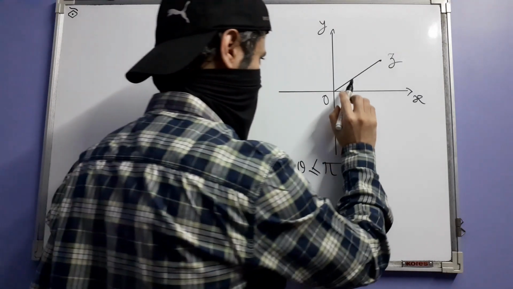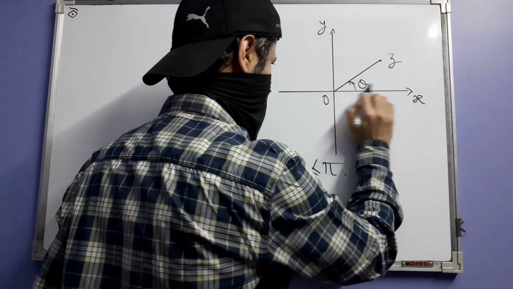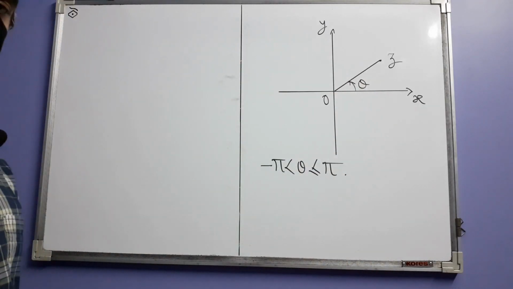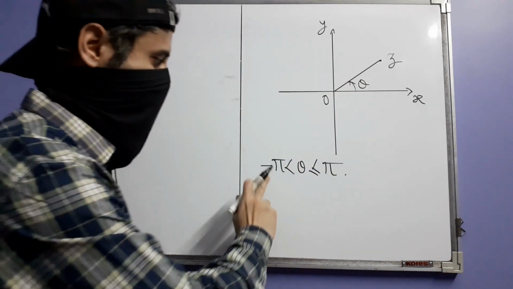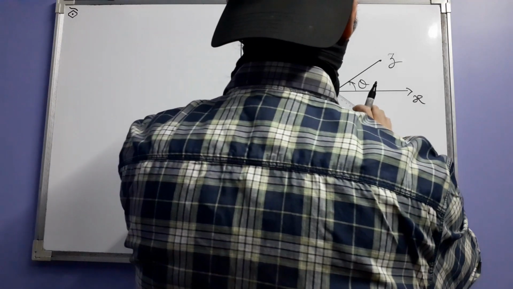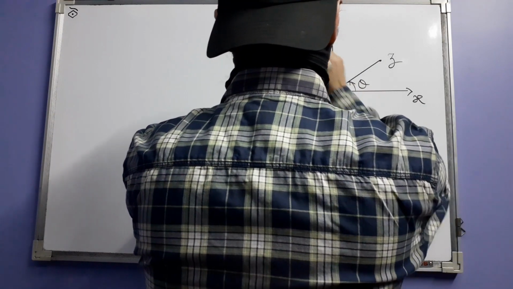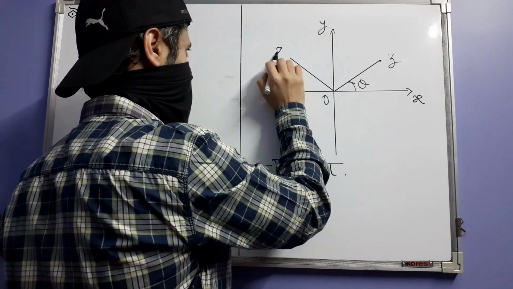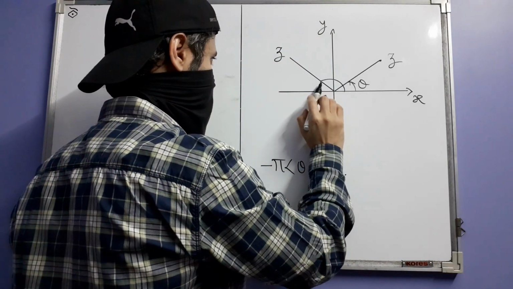Then the principal argument will be this. Okay, so it's satisfying these inequalities. If it lies in the second quadrant, then this is the principal argument.